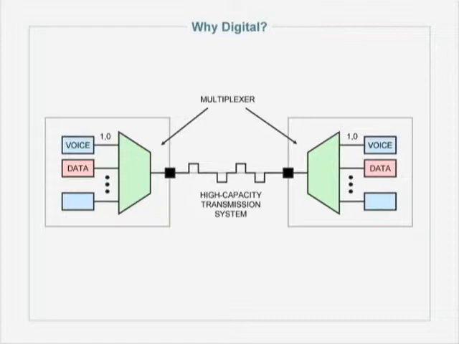And what we'll do is put one multiplexer at each end of this high-speed transmission system. And what the multiplexer does is takes in a whole bunch of lower speed inputs, combines the information on those inputs together into a high-speed stream to be carried over the high-speed transmission system. And then the multiplexer at the other end breaks it back out to the original lower speed streams.